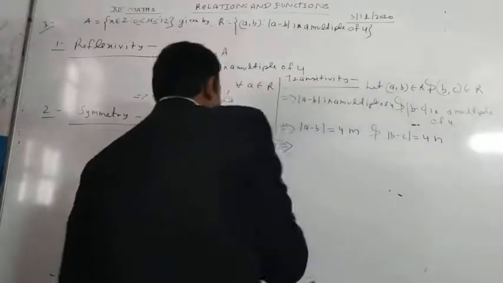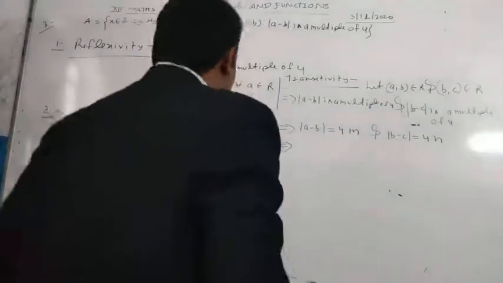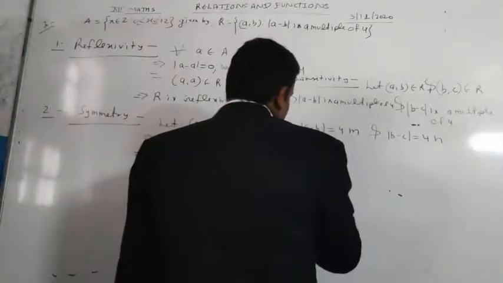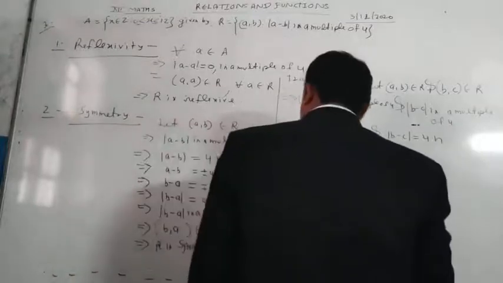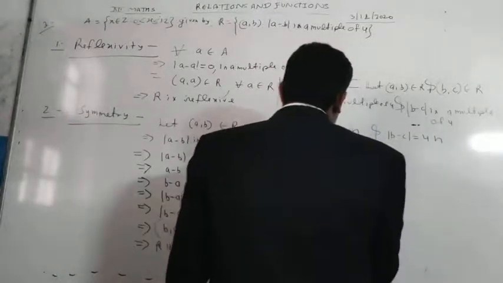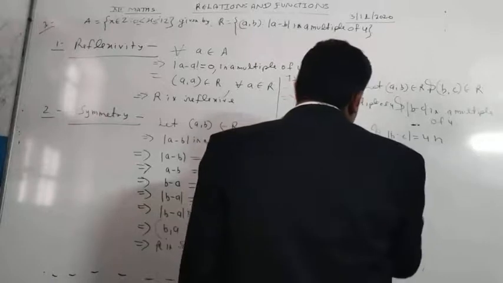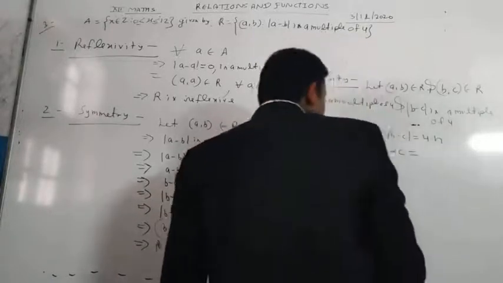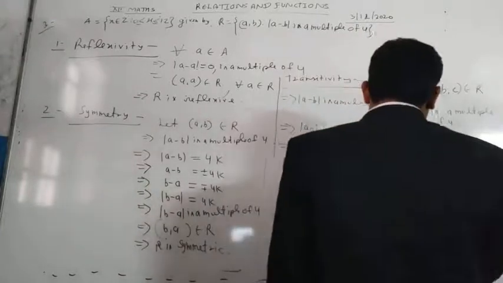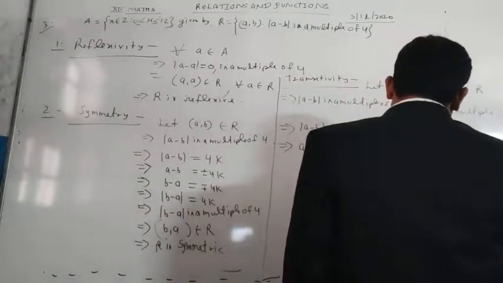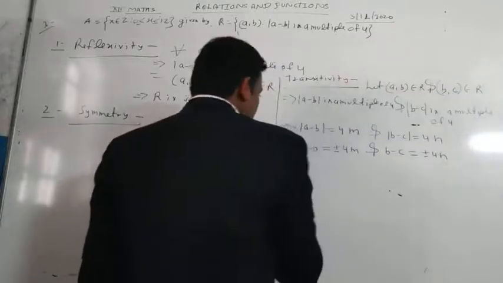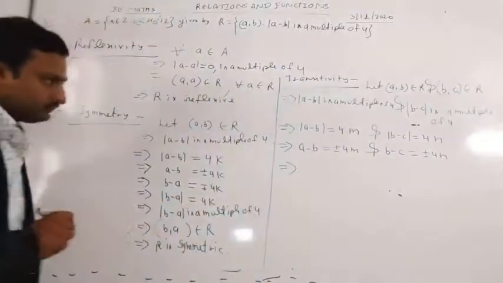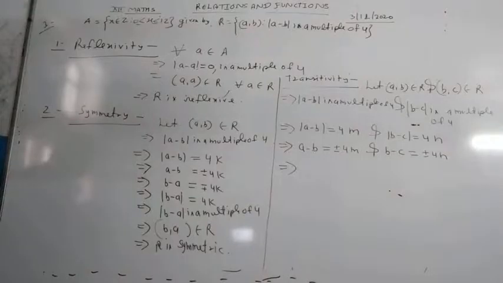Now this implies a minus b is equal to plus minus 4m, and here b minus c also can be written as plus minus 4n. Now we will add these two.